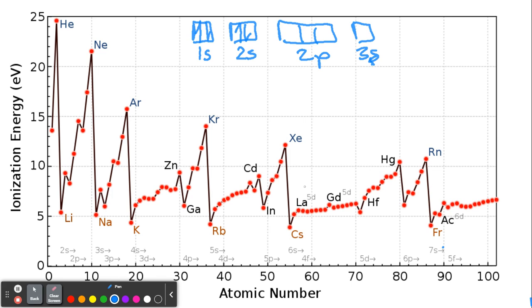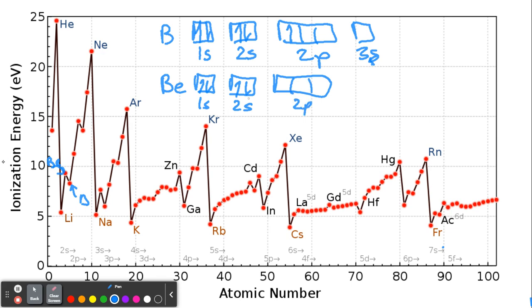But next we have boron. Boron has a full 1s, a full 2s, and then just one lonely electron in 2p. It doesn't take very much energy to remove that electron in 2p. In fact, boron's ionization energy is lower than beryllium's, because beryllium had an empty 2p and a full 2s.